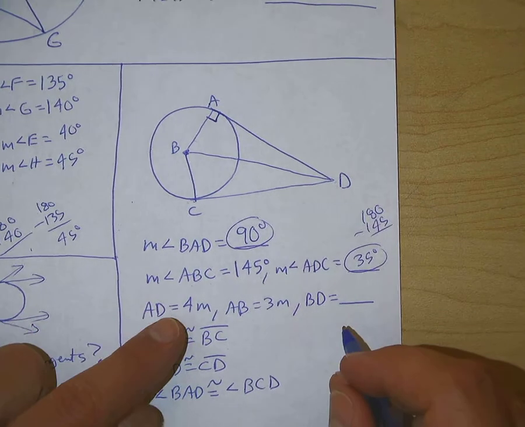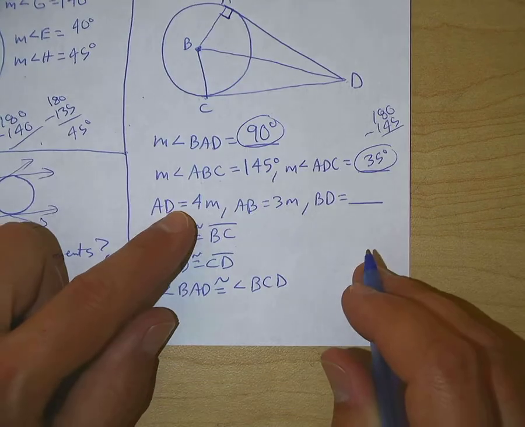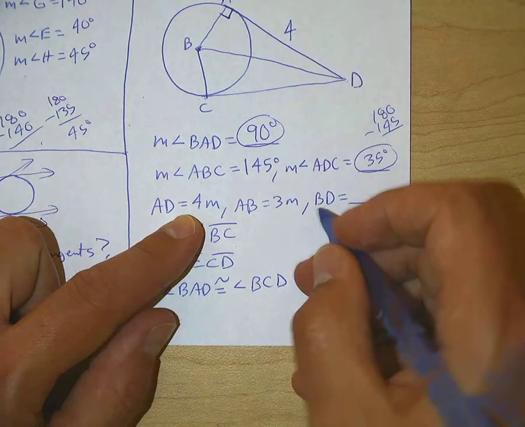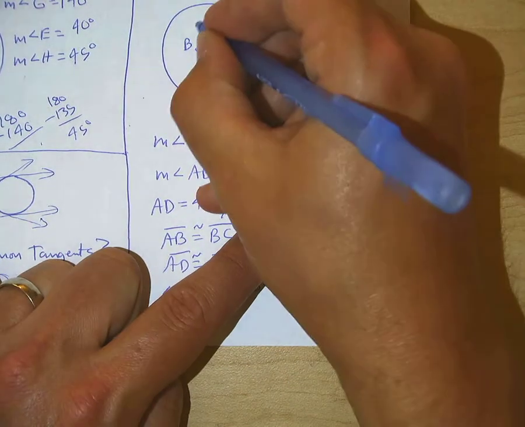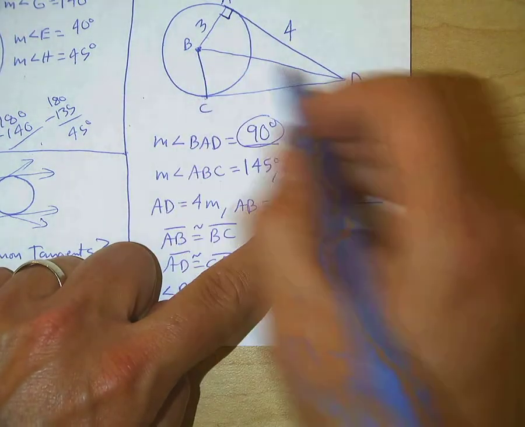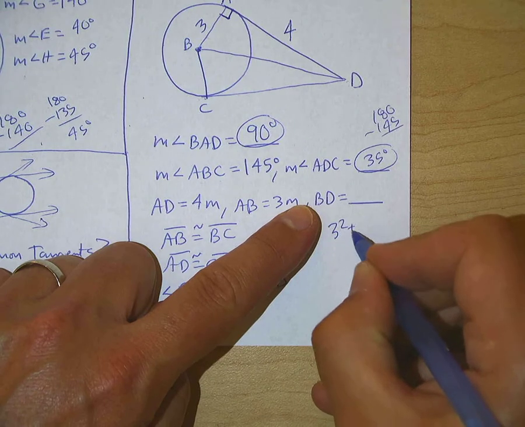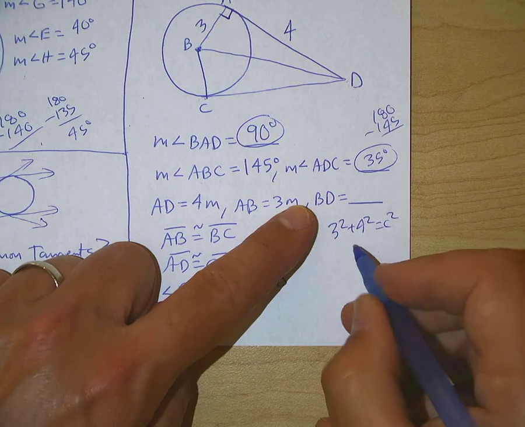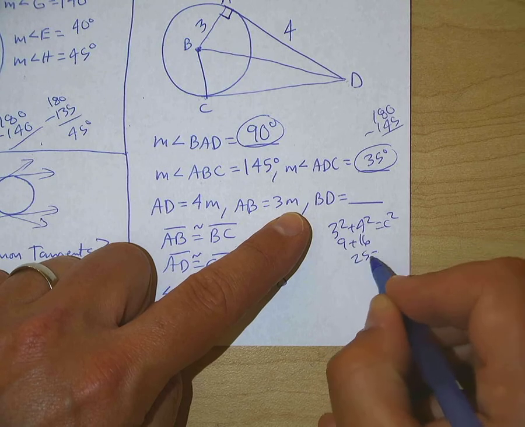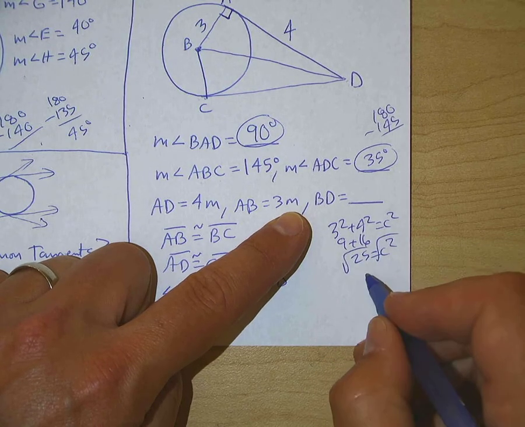Next, it has AD. Oh, here we go. AD is 4. It says AB is 3. What's the measure of BD? Well, we can use the Pythagorean theorem, right? 3 squared plus 4 squared equals c squared. You'll find out that this is going to be 9 plus 16, which is 25, equals c squared. Square root, c is equal to 5.